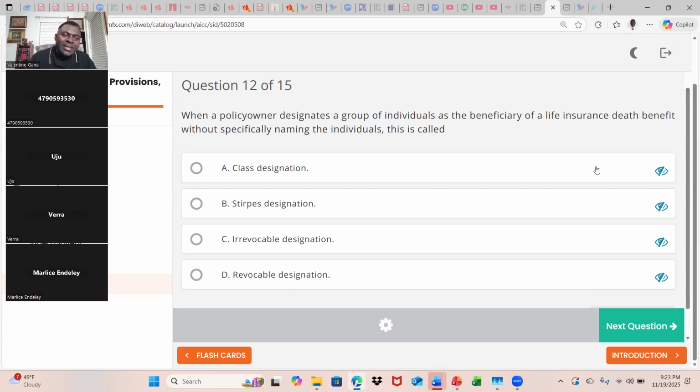It's called a class designation. The beneficiaries belong to that class. And that class, again, might name something like all my children, grandchildren, and great-grandchildren. That's a class designation.